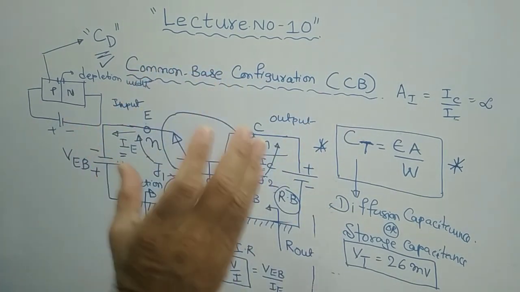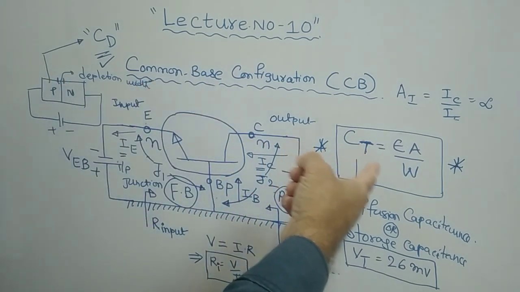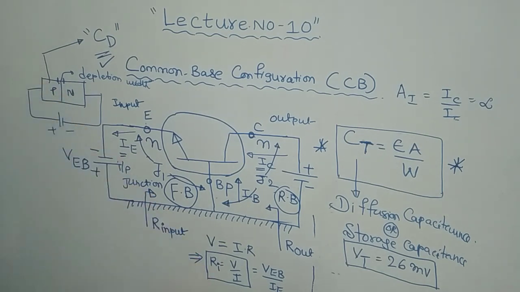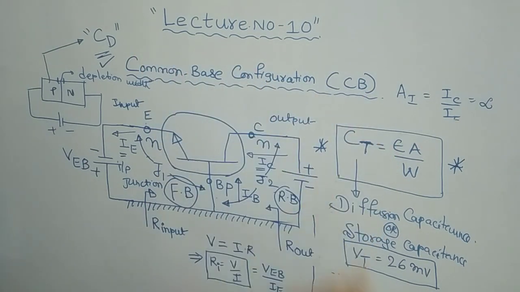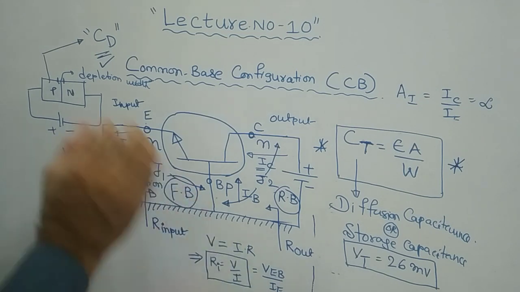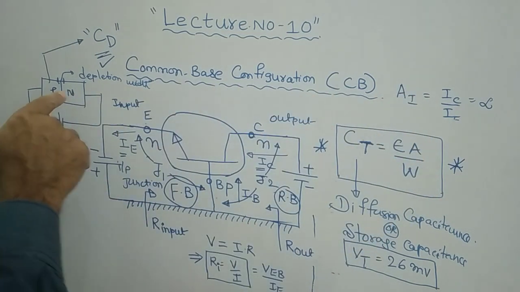Whereas under reverse bias condition, the transition capacitance is dominant over CD, so its value is more than the diffusion capacitance.